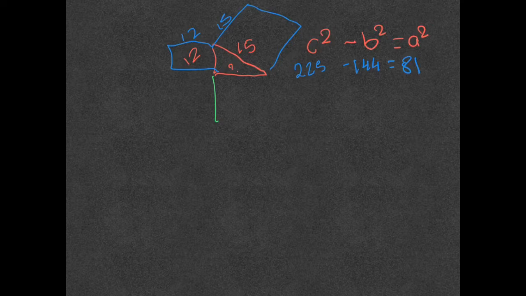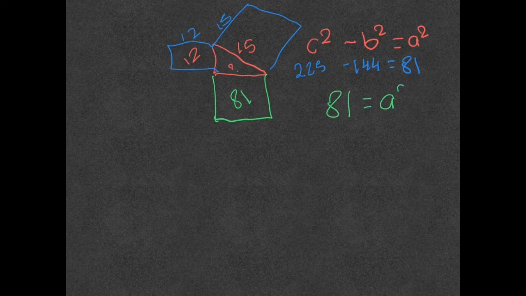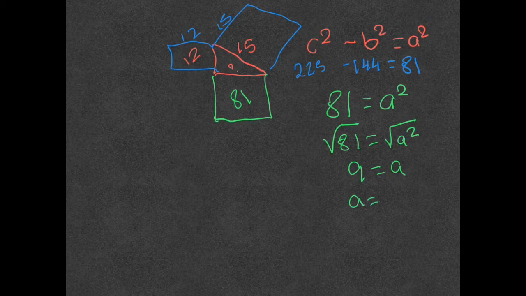So the area of this square would be 81. And 81 equals A squared. So you'd square root both sides, and it would be 9 equals A. So the side length would be 9, because 9 times 9 is 81.